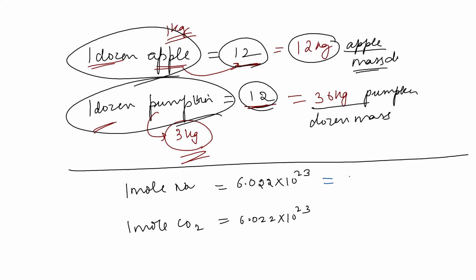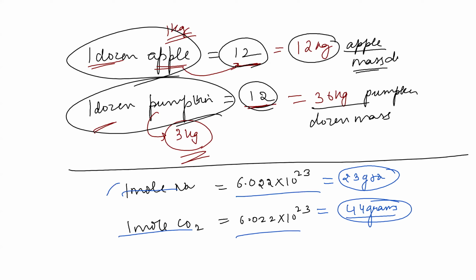So the mass of sodium will be 23 grams and the mass of CO2 would be 44 grams. That means masses change because of the size, because of the heaviness, but 1 mole remains the same. The number of particles remains the same.